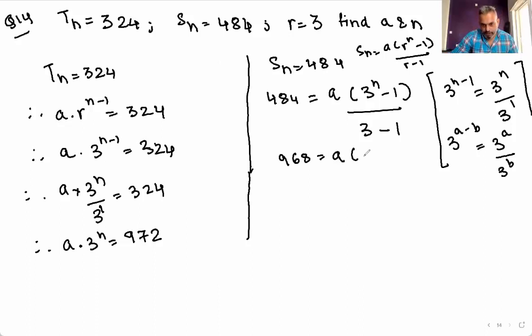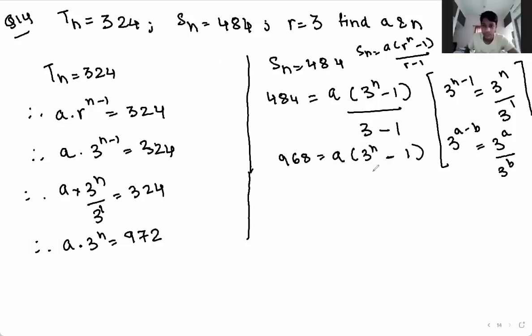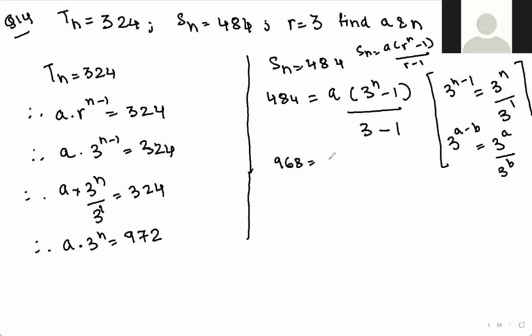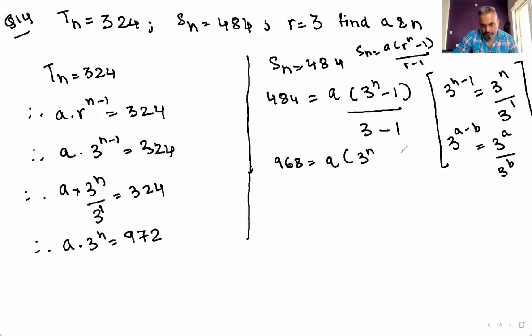a into 3 raised to n minus 1 upon 3 minus 1. Now see, 484 into 3 minus 1 is 2. So 484 into 2 is 968. Now a into 3 raised to n, it is like this: a in the bracket 3 raised to n minus 1.